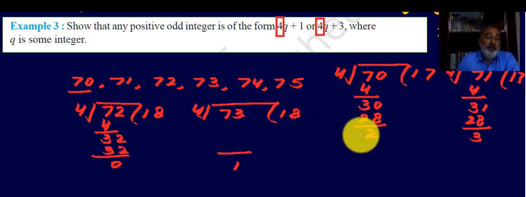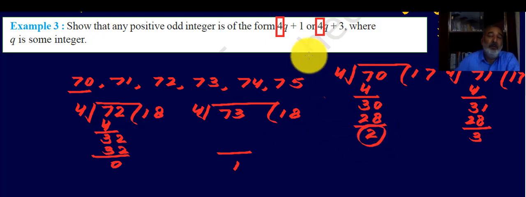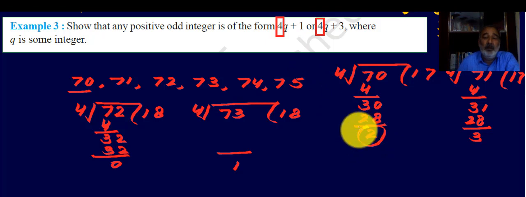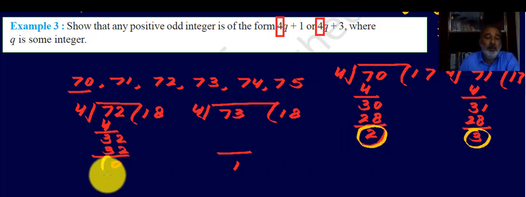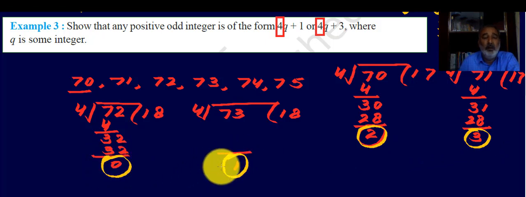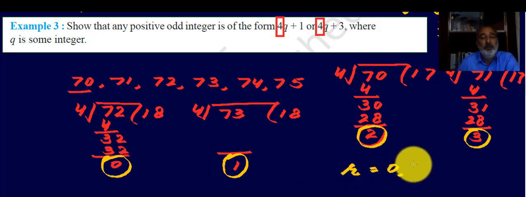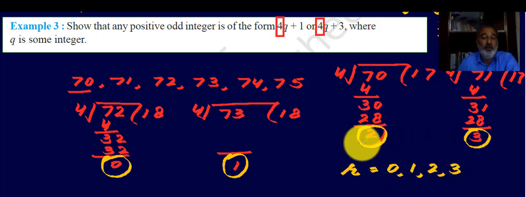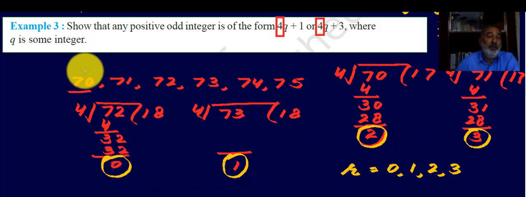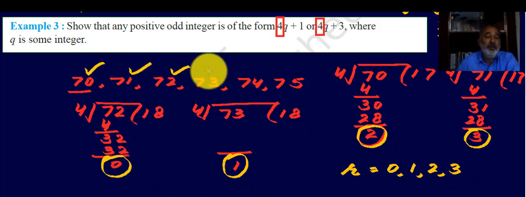What is the pattern? There is a pattern in remainder. Look at the remainder. The remainder can have value equal to 0, 1, 2, 3. No, remainder is never 4. You can try some more numbers.